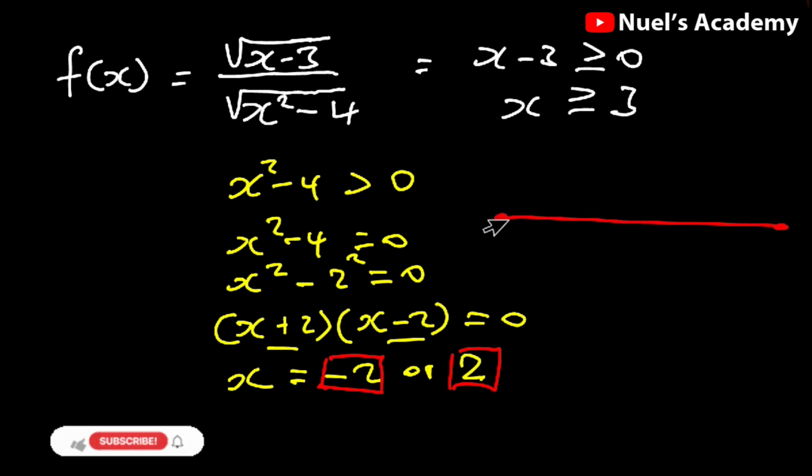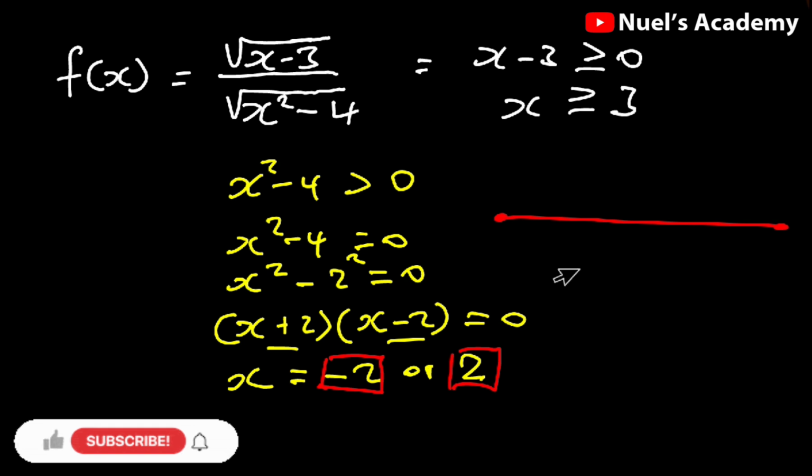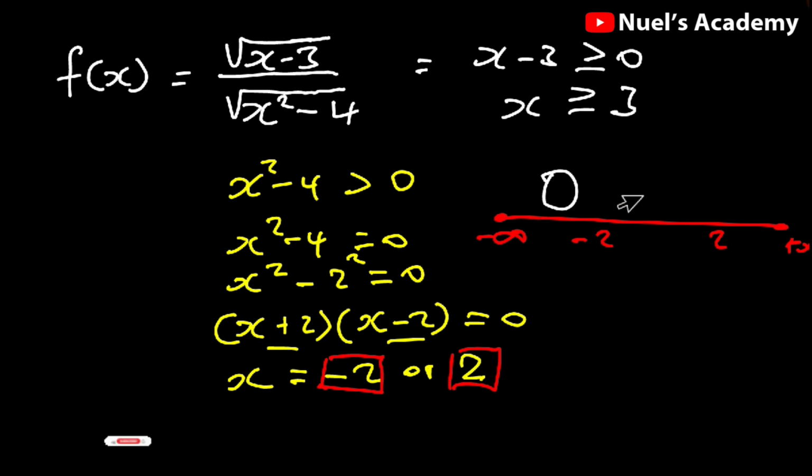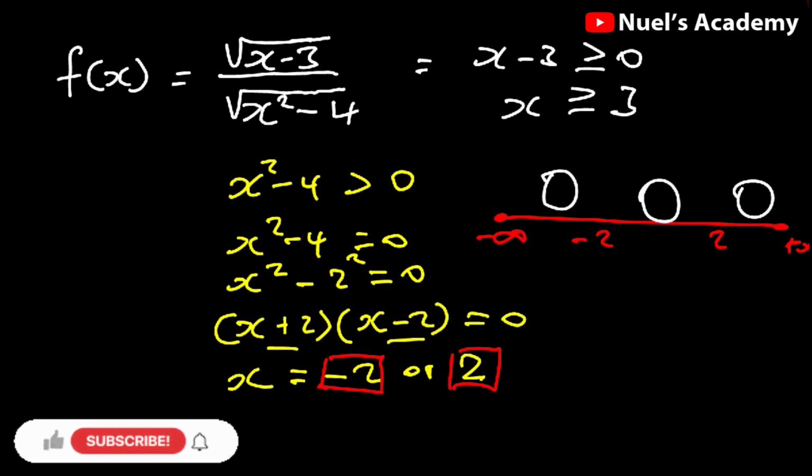Now let's find the region that satisfies this inequality. So we have negative 2 here, our critical values, and we have 2 here. So here is negative infinity, here is positive infinity. We are going to test each region to know the region that satisfies this inequality. So let's pick a number from this region, which is minus 10, between minus 2 and minus infinity.